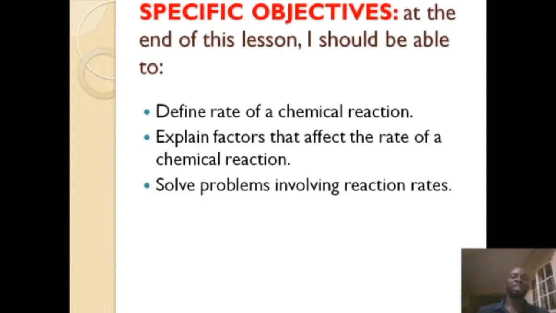So these are our objectives, and I believe that by the end of this lesson, all of us would have been able to do justice to these objectives.